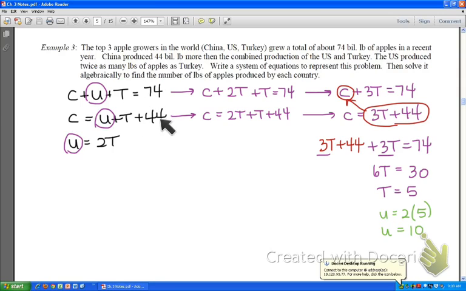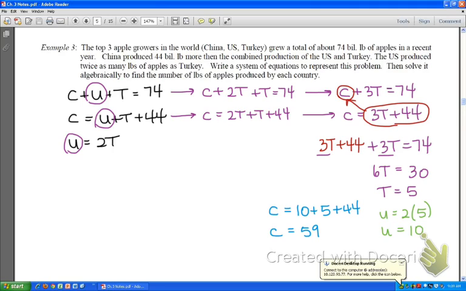I'm going to use this equation just because it's already set for c equals, right? So my final step is going to be to plug into that equation. I'm going to get that c equals u, which is 10, plus t, which is 5, plus 44. So c equals what?